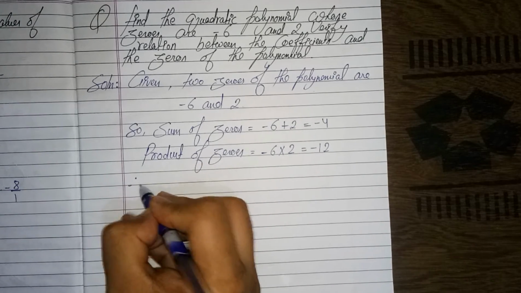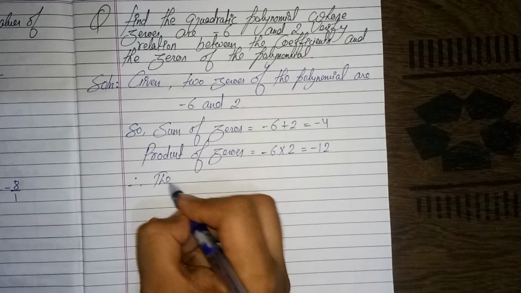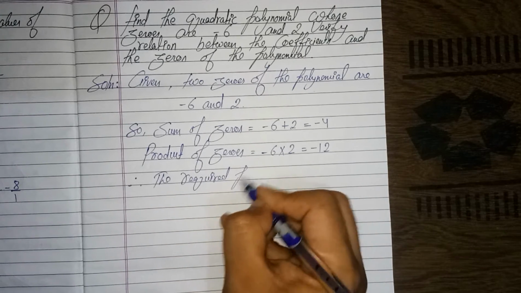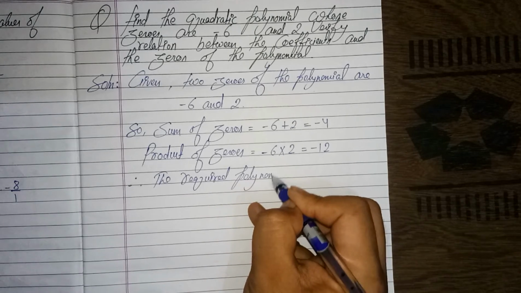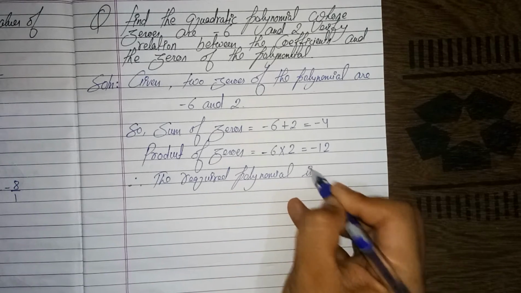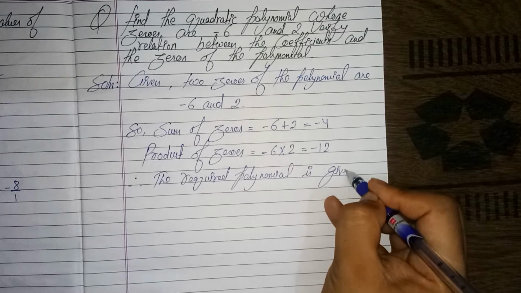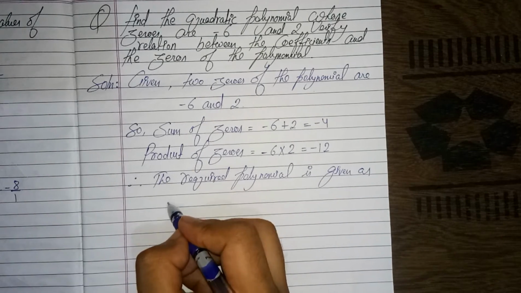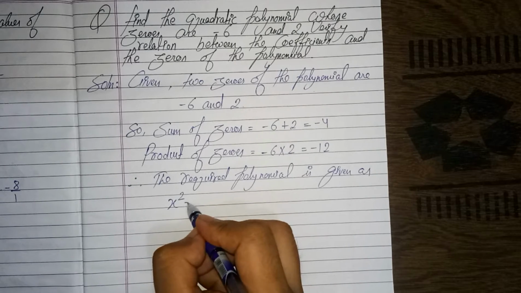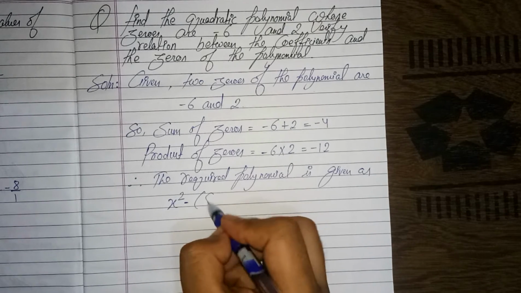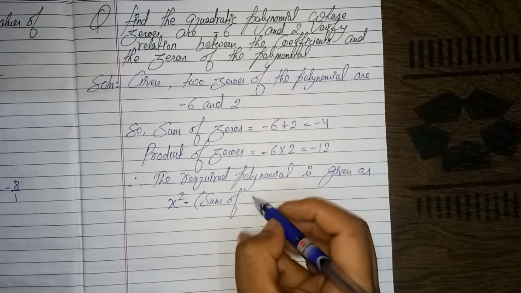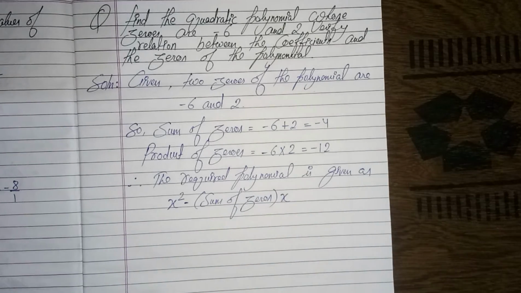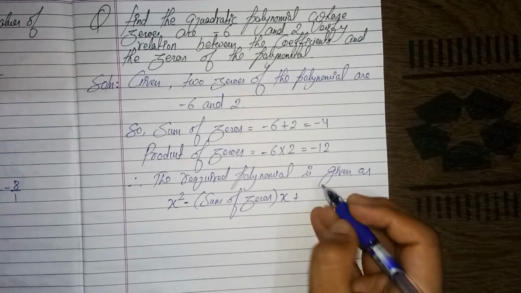Therefore the required polynomial is given as x square, okay, minus sum of zeros x multiplied by x plus product of zero.